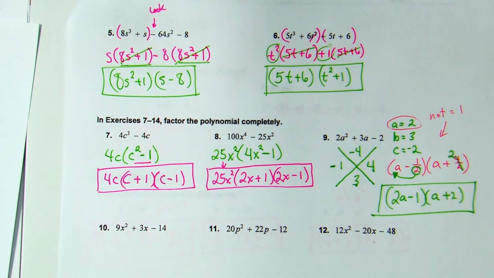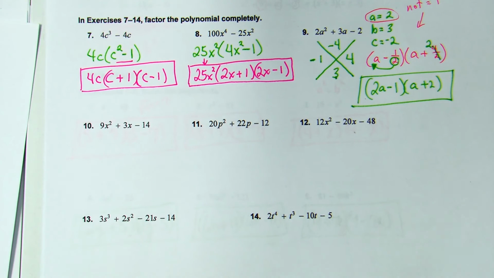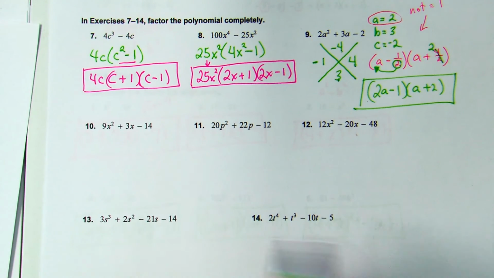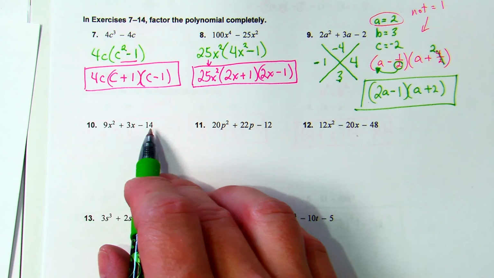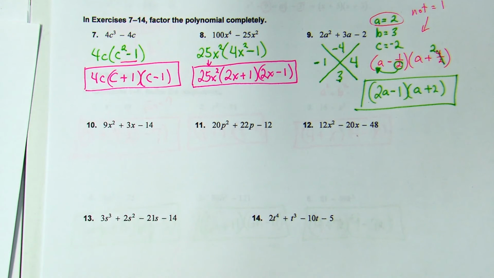All right, let's look at number 10. Again, I cannot pull anything out of these, in at least whole numbers. I can't pull anything out of those as factors of any of those terms there.